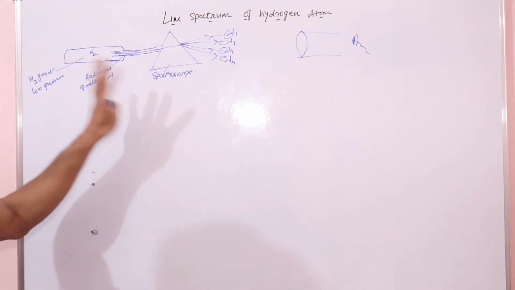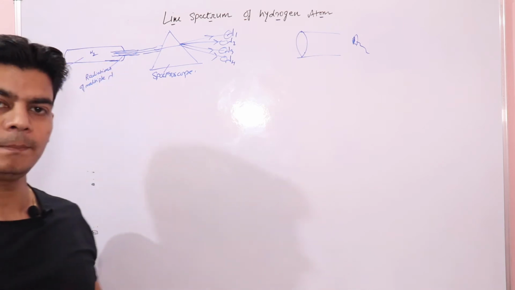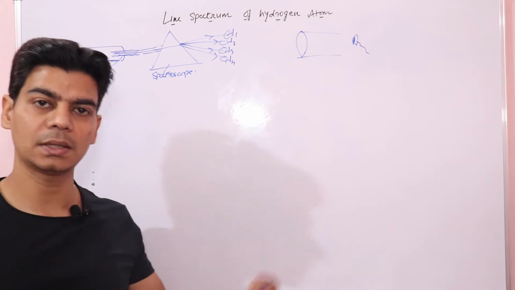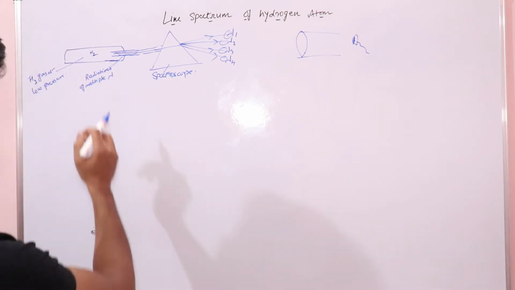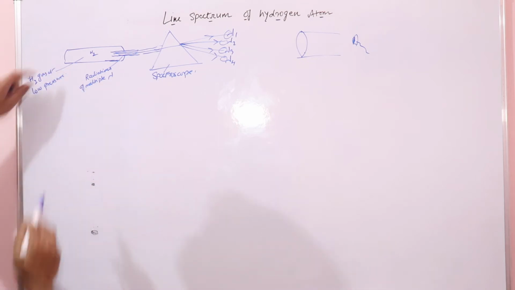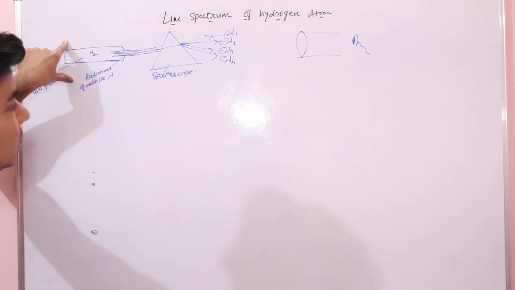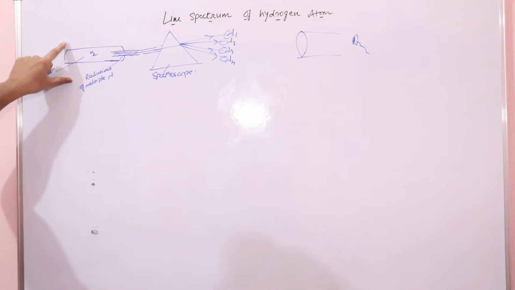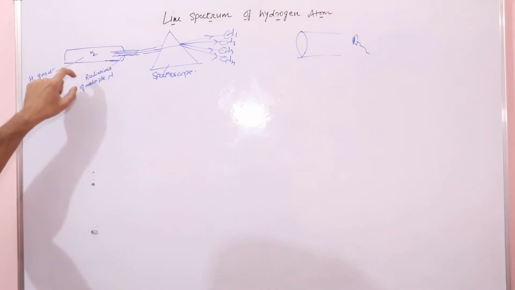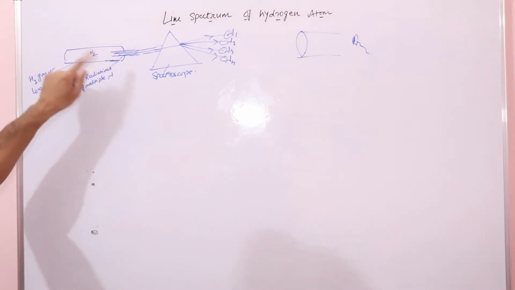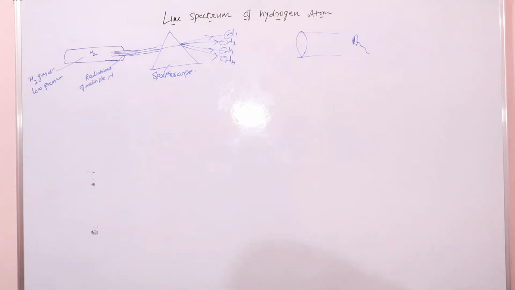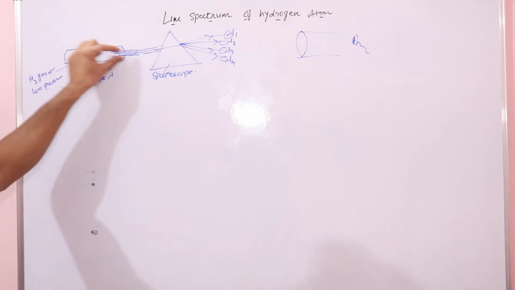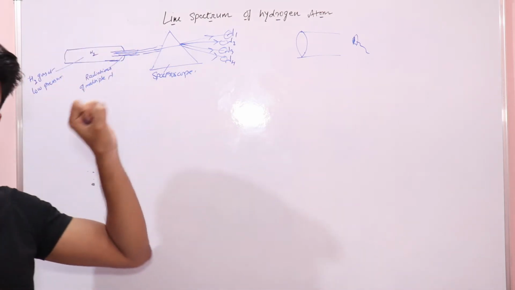This is your basic arrangement of spectroscopy, or the basic arrangement to obtain the line spectrum of hydrogen atom. Let me just quickly recap. This is the discharge tube that contains hydrogen at low pressure. When electric discharge is passed through this discharge tube, you will see some radiations coming out of it.